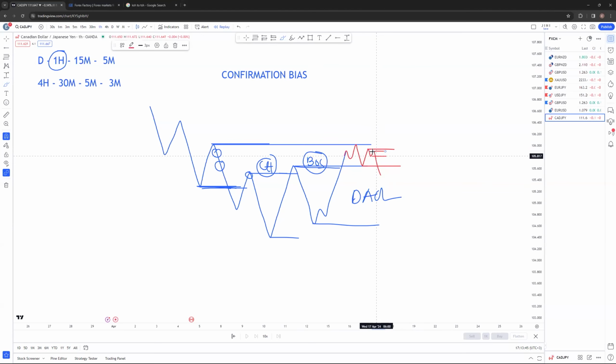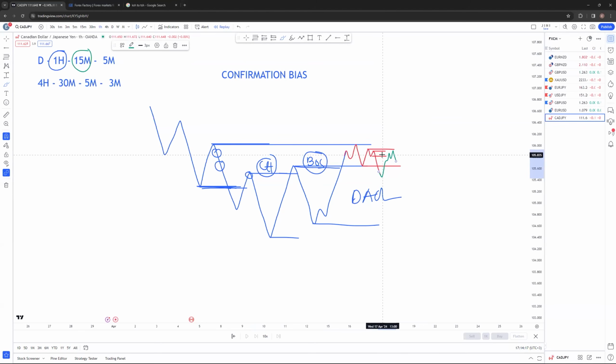So we will mark this area as our area of consideration, but we won't go to the lower time frame, maybe 15 minutes, to refine it. No, what we have to see in the 15 minutes time frame, if the price reaches this point, is that the price changes the character there.